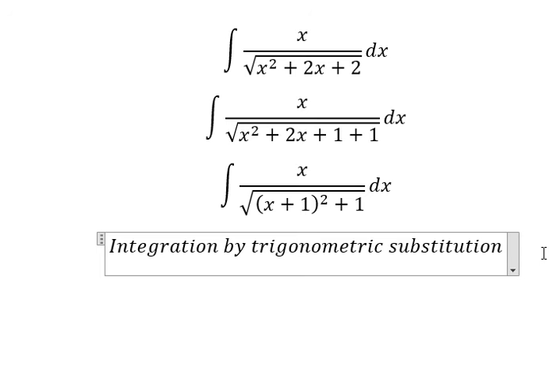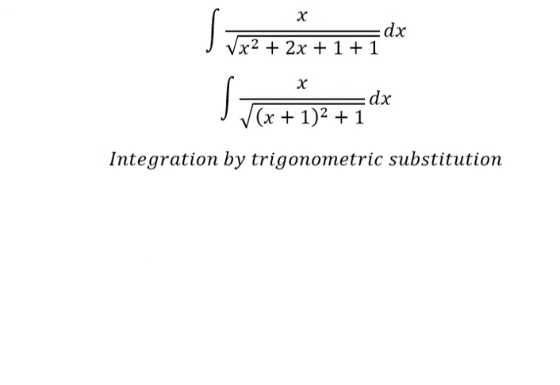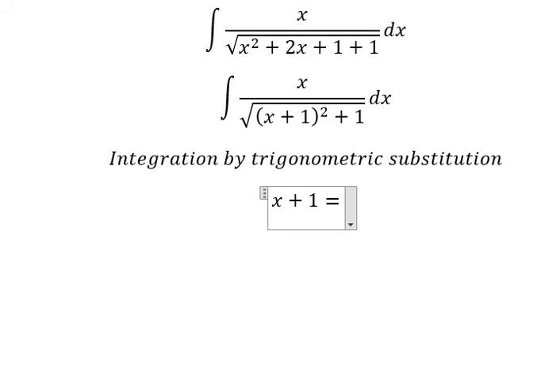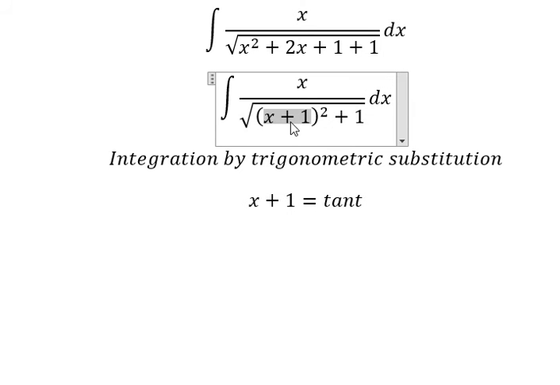So in this one, I will put s plus 1 equals tan t, because if I put this one here, we get tan squared t plus 1. Later we can change it to secant squared t, and then we simplify the square root and ds.